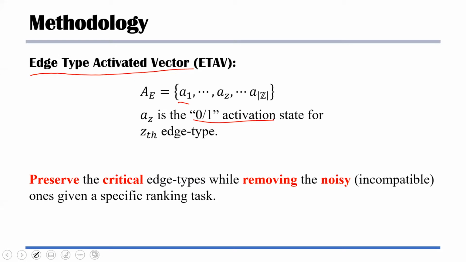The goal here is to preserve the critical edge types and remove the noisy ones, given a specific ranking task. So given the very same graph, when the task is different, the activated vector can be quite different.